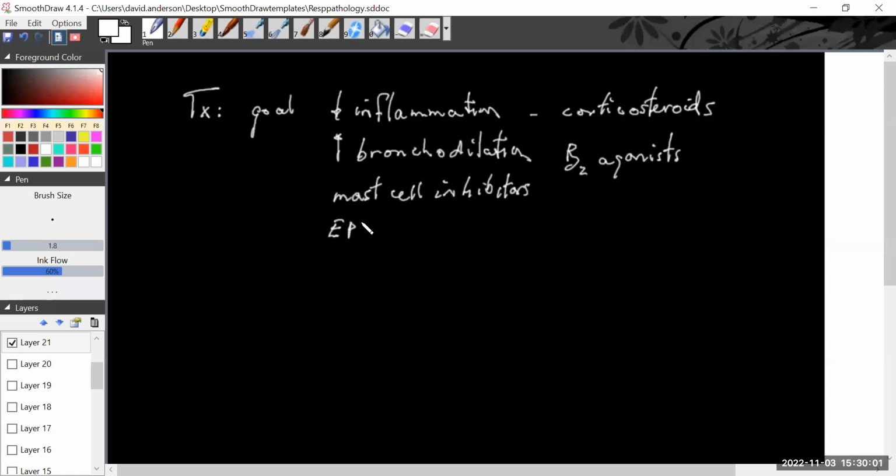So epinephrine is more of an emergency utilization. The trouble with epinephrine in less than emergent type scenarios is epinephrine is very non-selective. So not only will it promote bronchodilation, but it's going to also increase the risk of cardiovascular reactions.